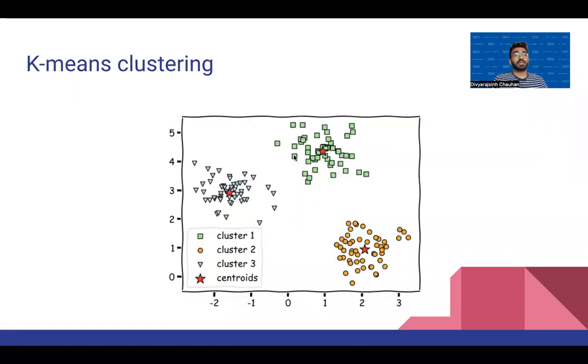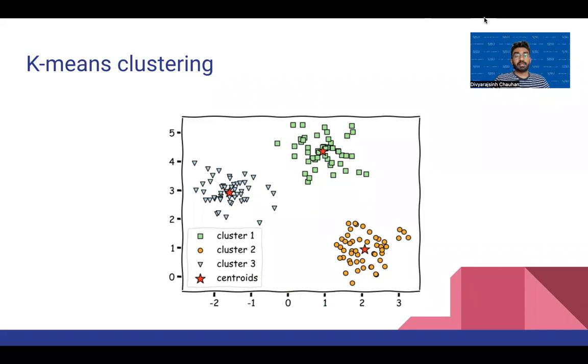So we will be parallelizing this particular clustering method, which is called the K-means clustering method. Before moving on to the parallelized version of it, let's just quickly see how the normal mechanism of K-means clustering works.